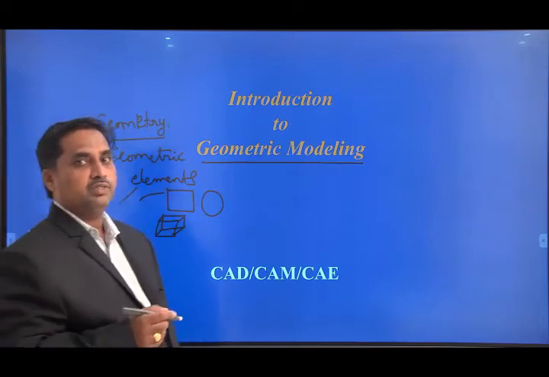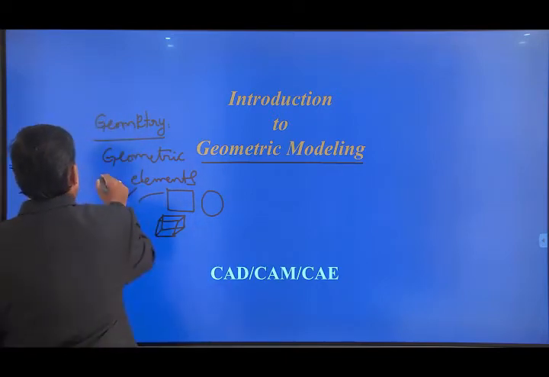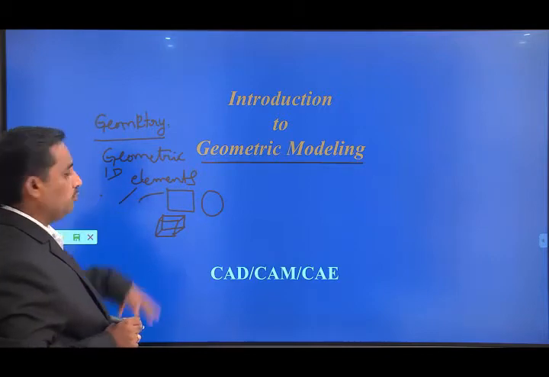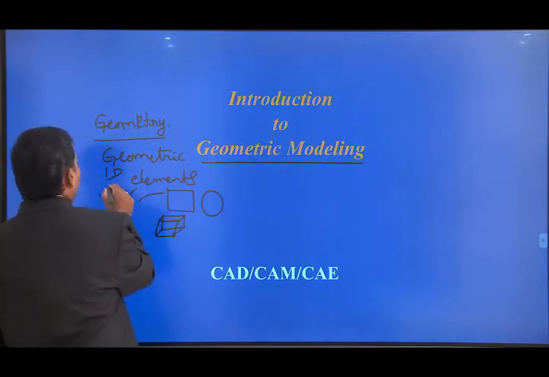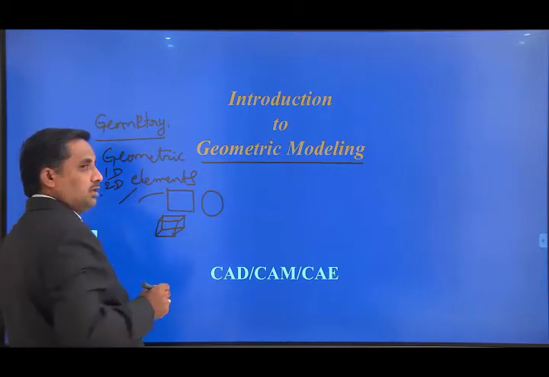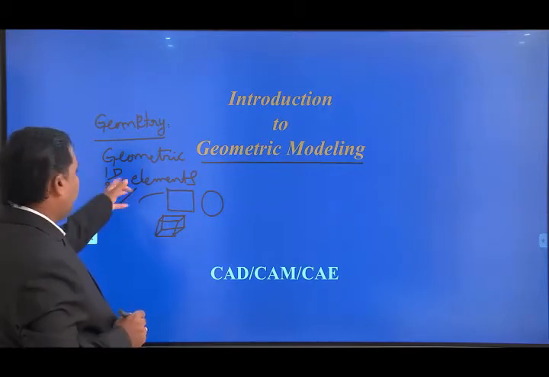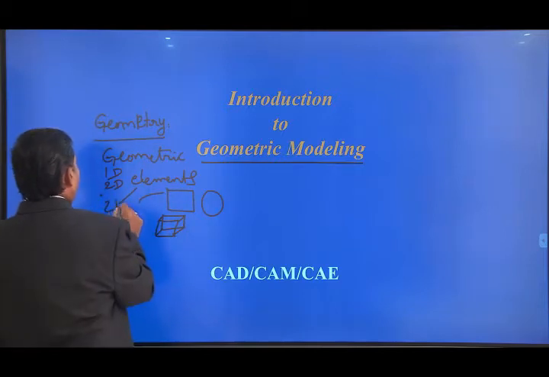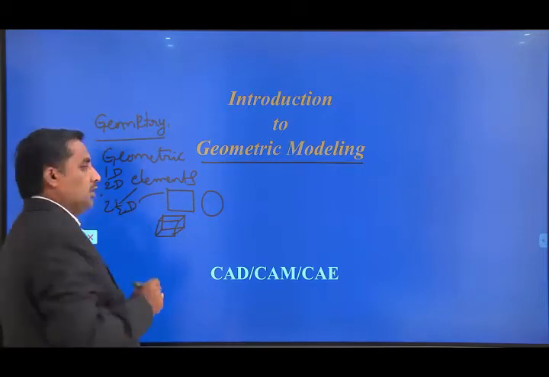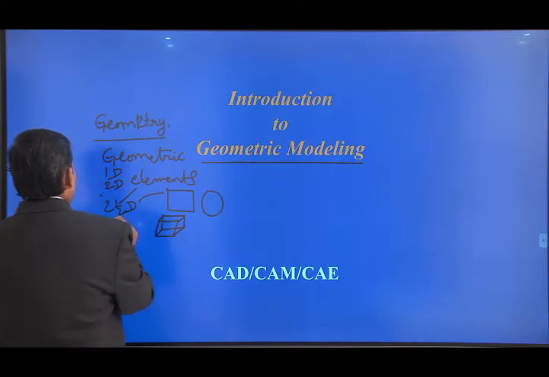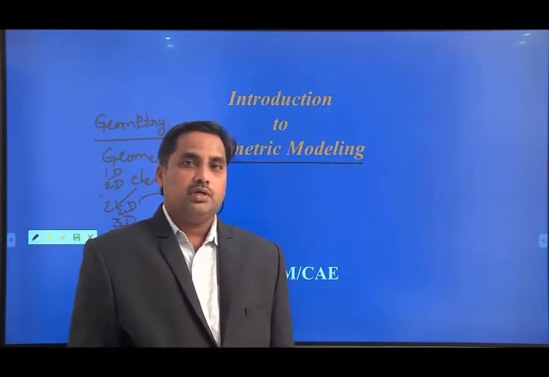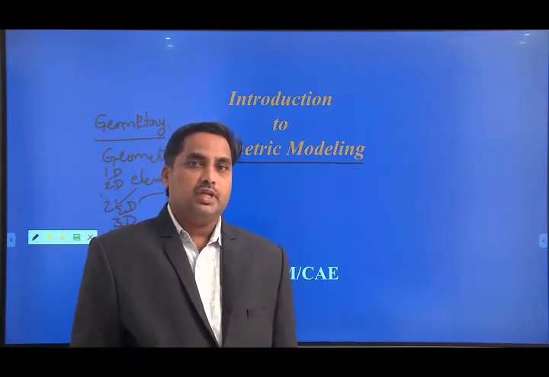So geometric elements are 1D elements, that means one directional elements, and also 2D elements, which are planar elements. Next 2.5D elements, which I will tell you later, and another one is 3D elements.